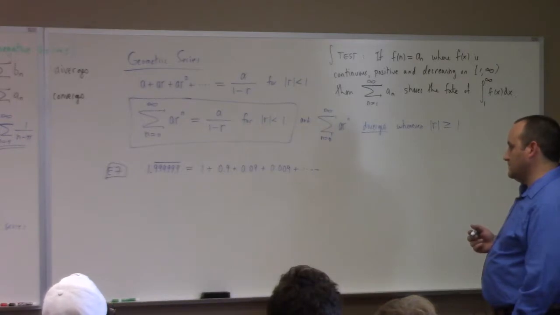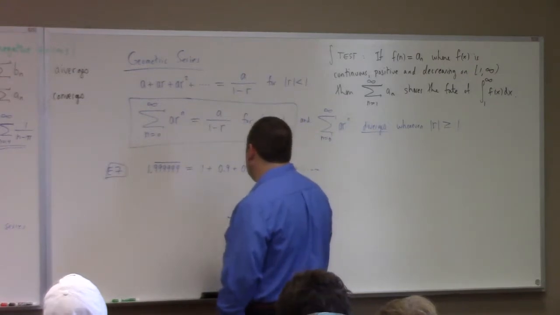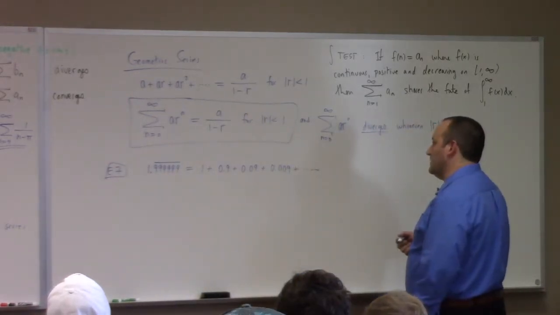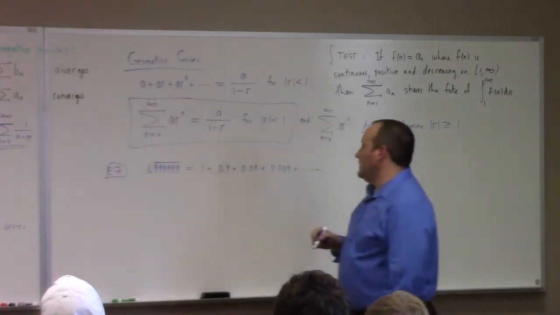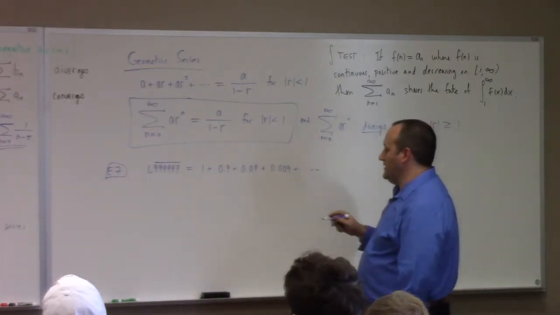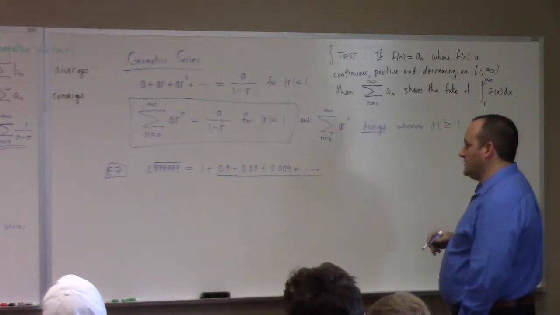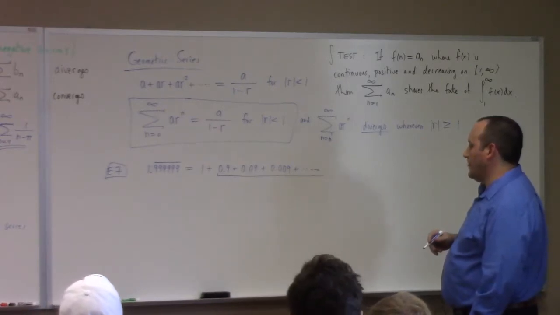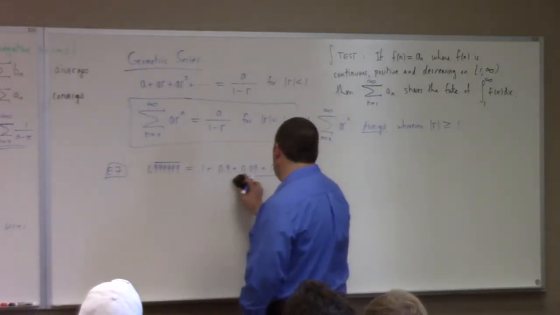Let's see here. So I could look at this as being, let's see here. So by the way, if you write this out, this looks like what? I think I need to just focus on this piece here as being the geometric piece. I think the 1 is messing with me. I'm sorry. Let me just stop being an idiot.